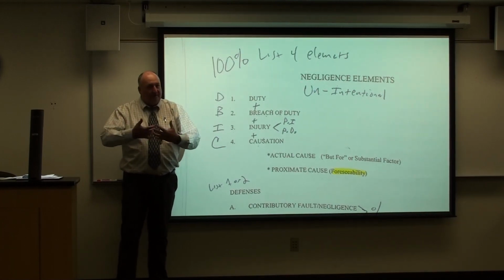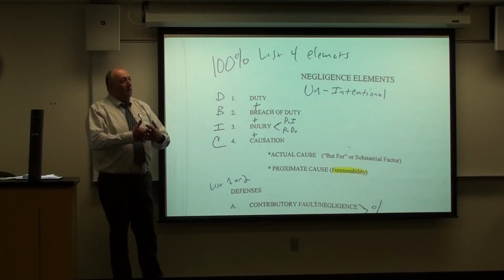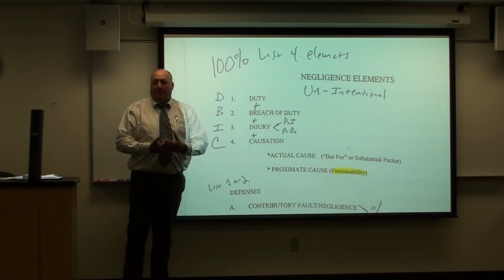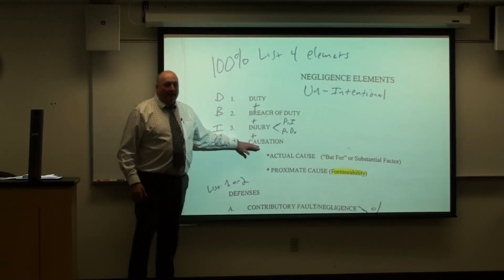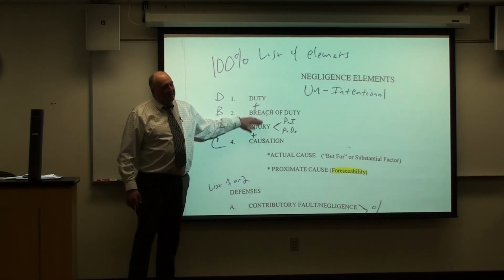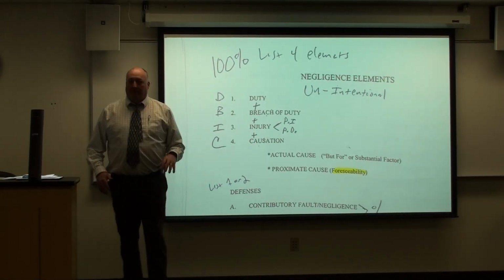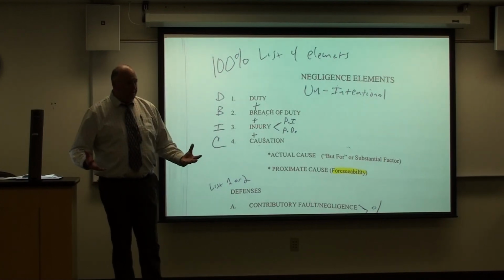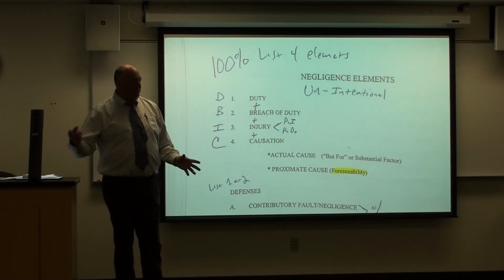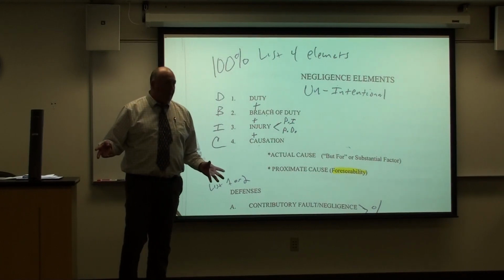And I'll explain that as we work our way through. When you're analyzing whether or not somebody was negligent, I want you to work your way through all 4 of these elements. If any one of these elements is not present or does not link up, then you don't have negligence. And I'll give you an example of that here in a little bit so you understand what I'm talking about.